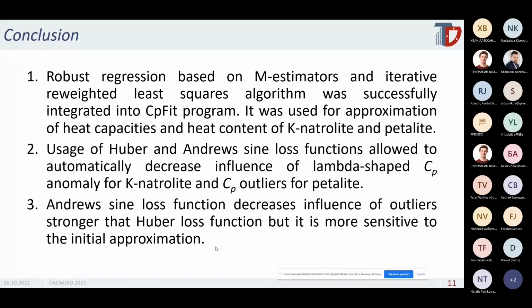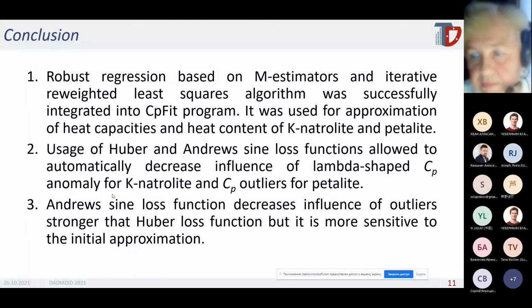The suggested procedure was successfully implemented in the superfit program, applied to potassium substituted natural light and petalite, and both Huber and Andrews sine loss functions allow us to automatically decrease the influence of both outliers and narrow lambda-shaped anomalies. The Andrews sine loss function decreases the influence of outliers stronger than the Huber loss function, but it's more sensitive to the initial approximation.